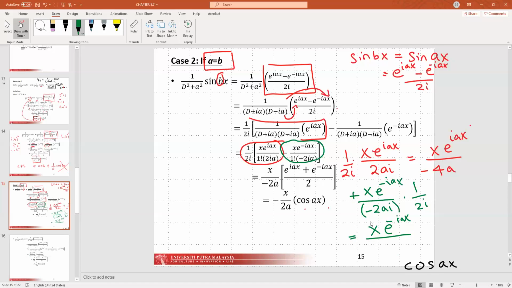So ini positif, negatif, negatif, positif. So akan dapat minus 2a. 2a pula, 4a. Okay, so saya kumpulkan. So akan dapat x e to the iax over minus 4a tolak dengan ataupun tambah x minus e to the minus iax over minus 4a.